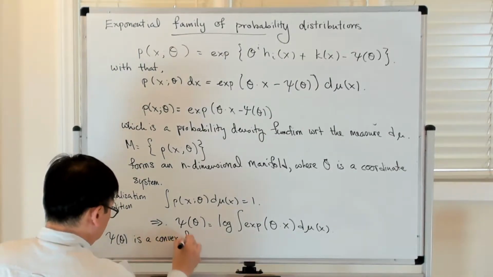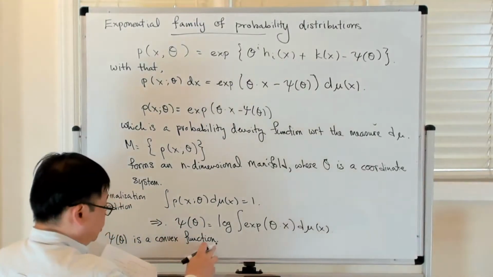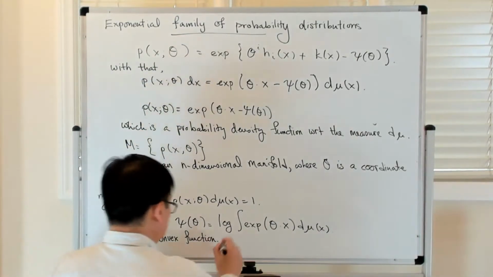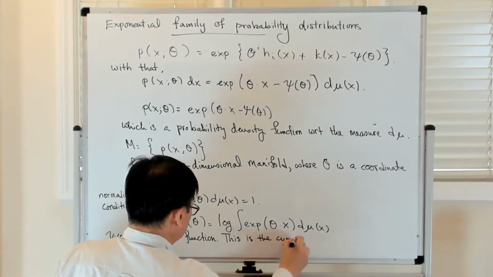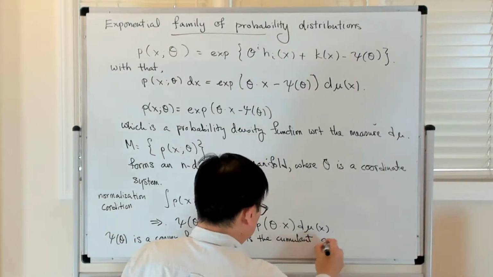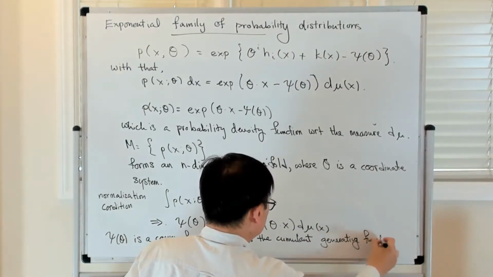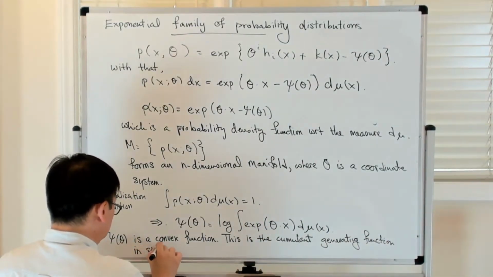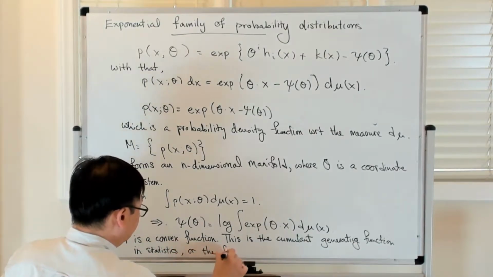It's called the cumulant generating function in statistics, or the free energy in physics.